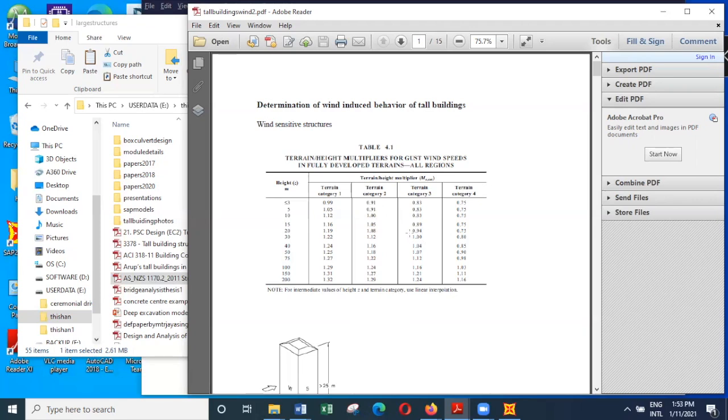So if you know the basic wind speed, which we consider as 38 meters per second in our case, you can multiply it by the terrain or height multiplier so that we can obtain the design wind speed.